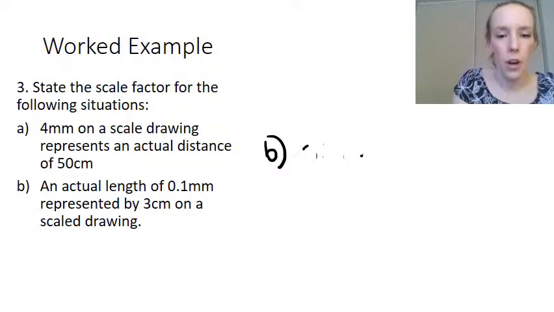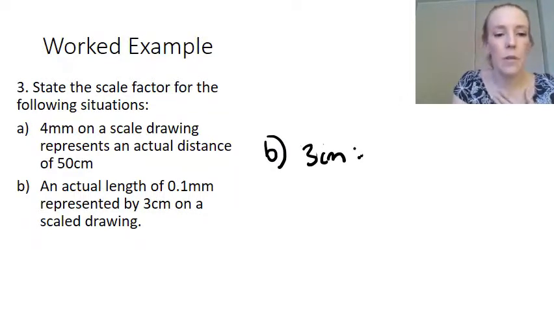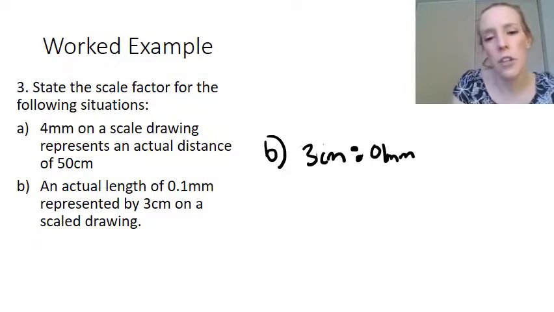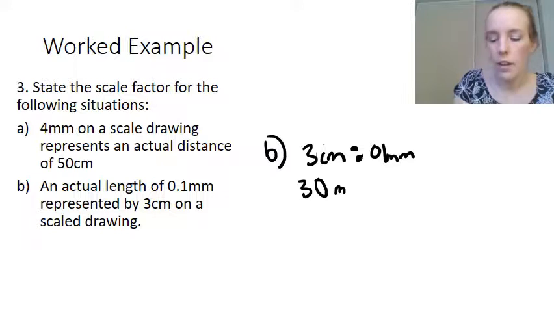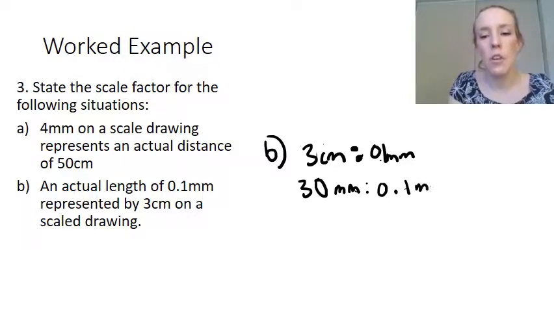Okay, so 3 centimeters on our scale is equal to 0.1 in real life. 0.1 millimeters. So we're going to convert so we're in the same units. So that's 30 millimeters. Why is my pen not working? 30 millimeters is equal to 0.1 millimeters. Now, they are in the same unit, so we can get rid of the units.